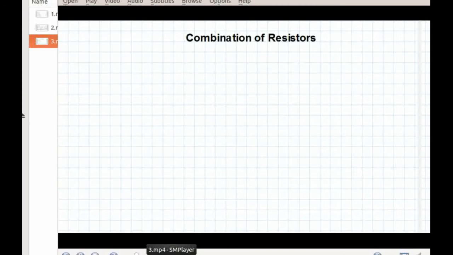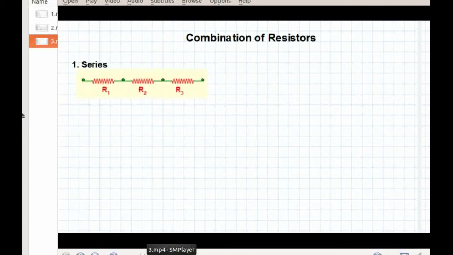In that sense, every conductor can be called a resistor, because every conductor offers some amount of resistance to the current flow. So how can these resistors be connected?